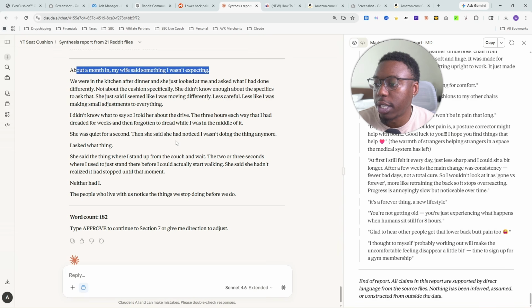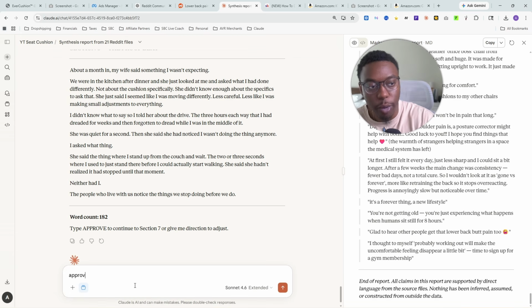She was quiet for a second, then she said she had noticed I wasn't doing the thing anymore. I asked what thing. She said the thing where I stand up from the couch and wait, the 2 or 3 seconds where I used to just stand there before I could actually start walking. She said she didn't realize I had stopped until that moment. Neither had I. The people who live with us notice the things we stop doing before we do.